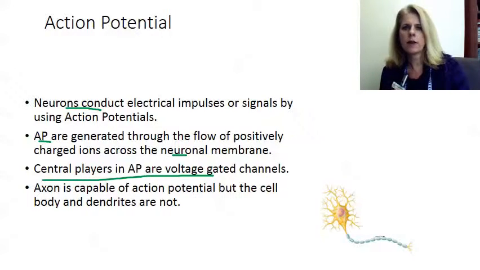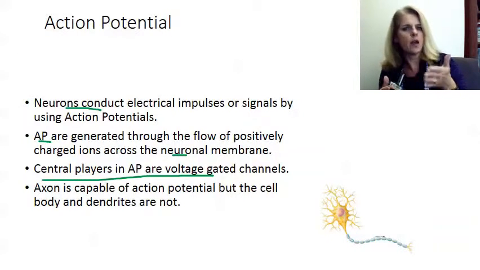When we talked about resting membrane potential, we talked about leak channels, which are basically proteins that stay open all the time, and sodium and potassium can move across them down their concentration gradient. A voltage-gated channel is a protein that only opens when there's a voltage change. You could almost imagine an actual gate that, if you had a remote control that you could zap it with, would open the gate.